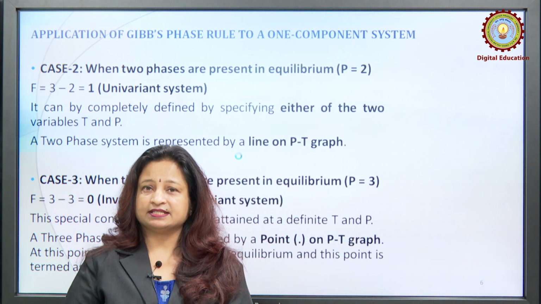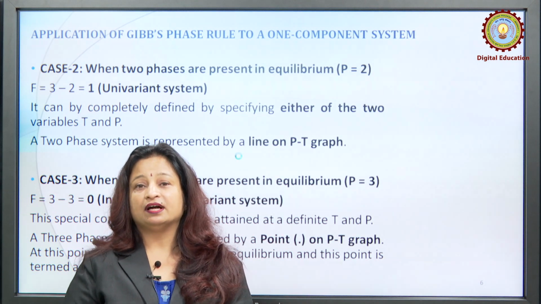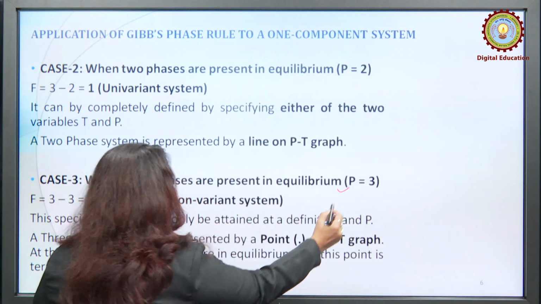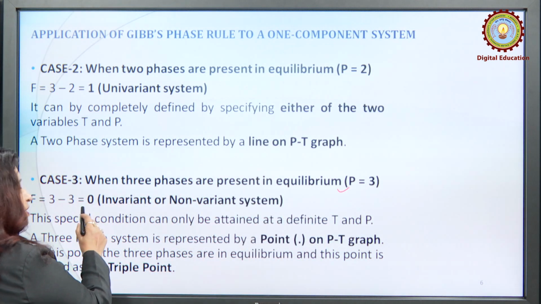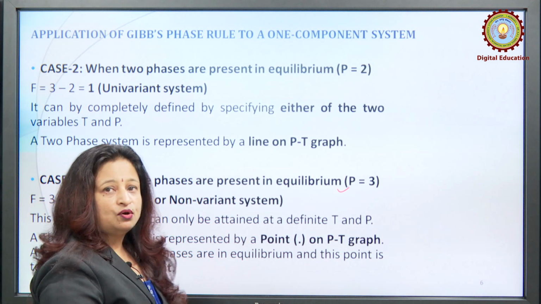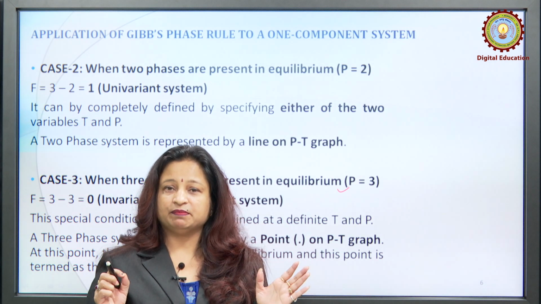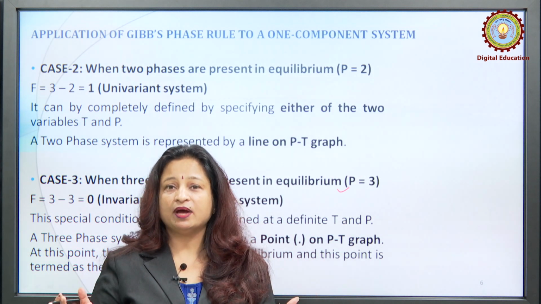Now the third case, when there are 3 phases. So if the number of phases is 3, then what will happen? F is equal to 3 minus 3, that is 0. So F is equal to 3 minus P, that is, if the number of phases is 3, it becomes 0, it becomes an invariant system.